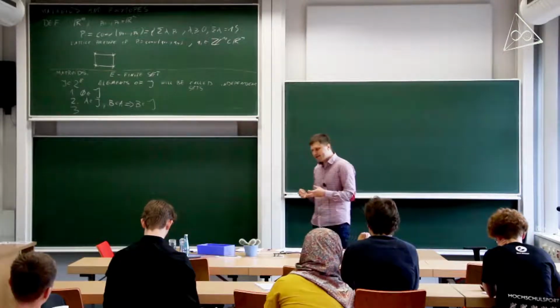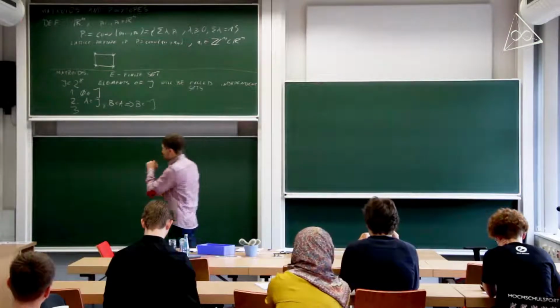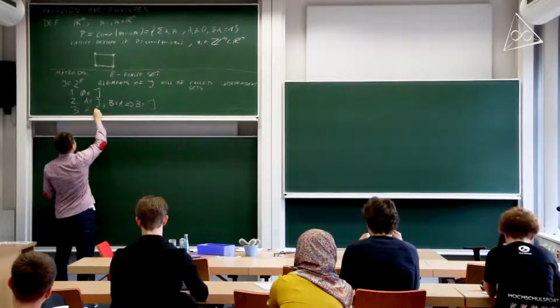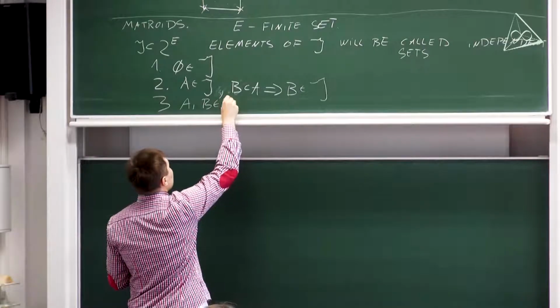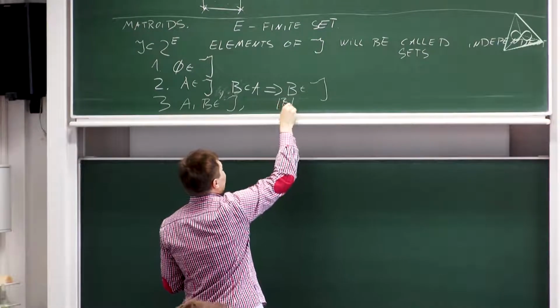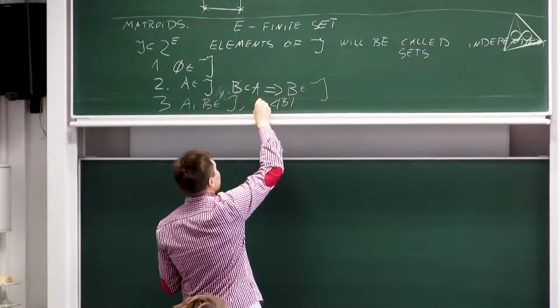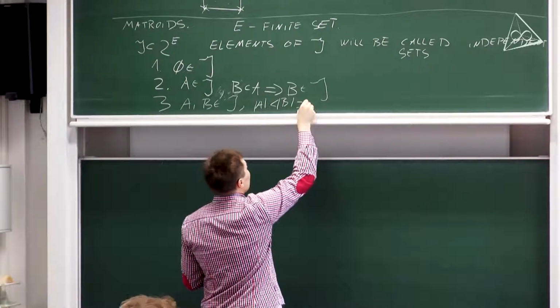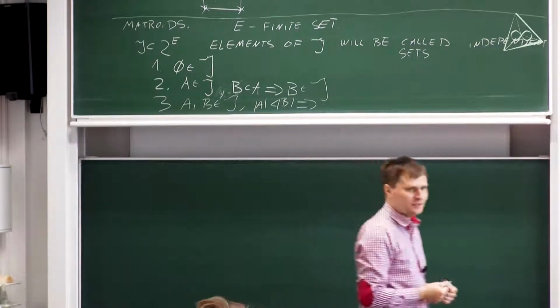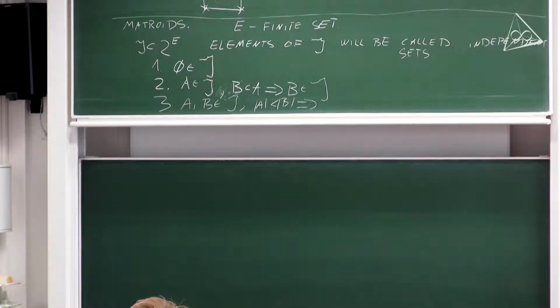Well, we need to really think about independent sets. Let's say we have 2 of them, and let's say that one has bigger cardinality. Can we conclude something from it? Again, think about vector spaces.